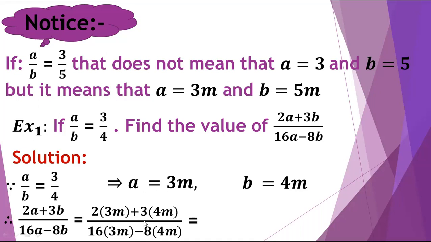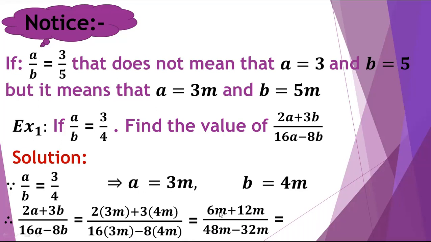And 3b equals 3 times 4m, because we replaced B by 4m. 16a equals 16 times 3m, because A equals 3m, minus 8b, or 8 times 4m, because B equals 4m. 2 times 3m equals 6m, plus 3 times 4m equals 12m, over 16 times 3 equals 48m, minus 8 times 4 equals 32m.